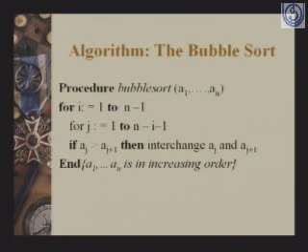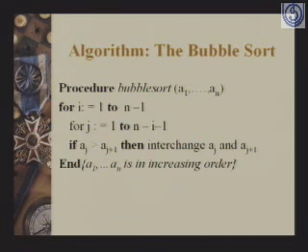Formally we may say the algorithm bubble sort can be written like this: procedure bubble sort A1, A2, ..., AN. For the topmost loop, we will be repeating from 1 to n minus 1, and in the second loop we will be comparing from 1 to n.